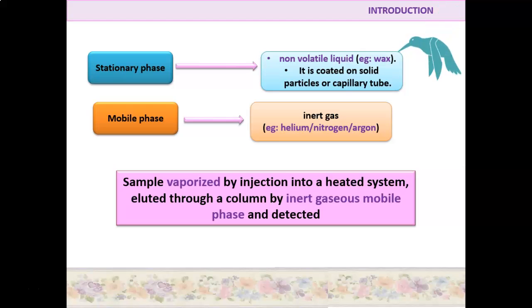The sample will vaporize by injection into a heated system, eluted through a column by inert gases, the mobile phase, and detected. So the sample together with the mobile phase will be passed through the column and will vaporize in a heated system.